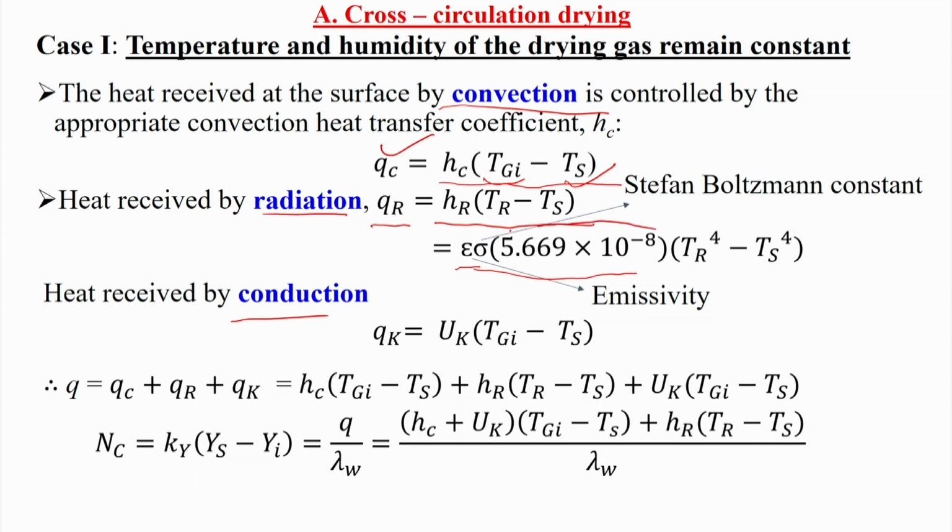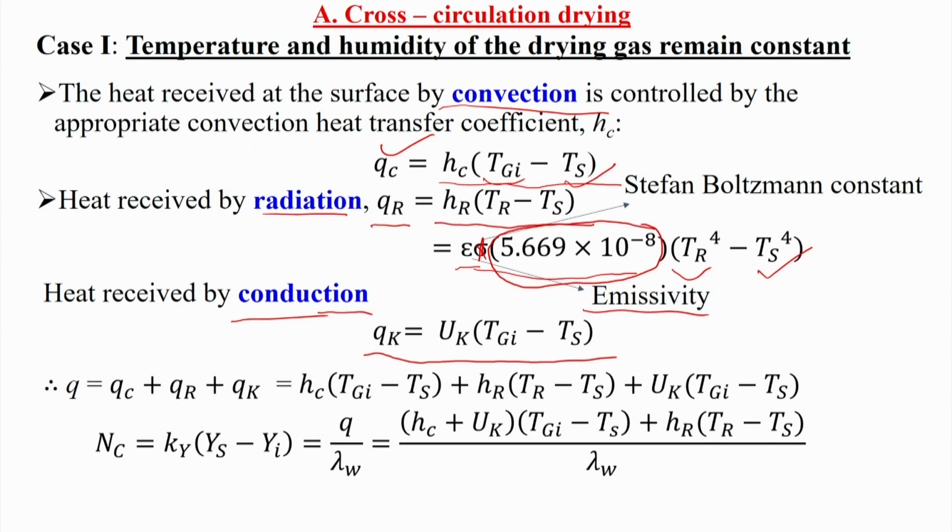This sigma is the Stefan-Boltzmann constant, 5.669 into 10 to the power minus 8, where epsilon is the emissivity. For conduction, Qk will be Uk into (Tgi minus Ts).